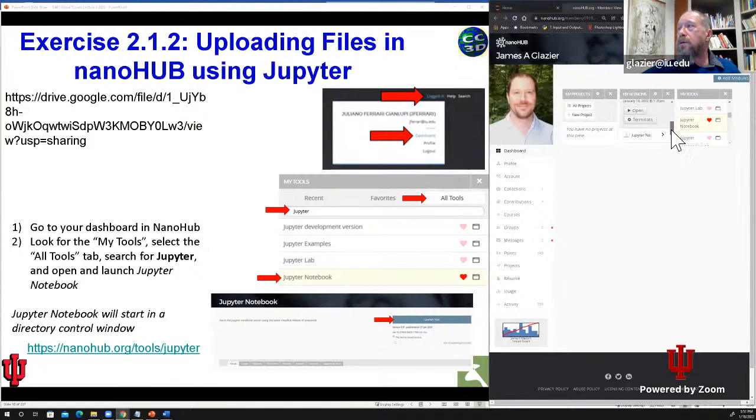Now you want to launch it. I have it running already, but if you're going to launch it, you just click the launch icon here.